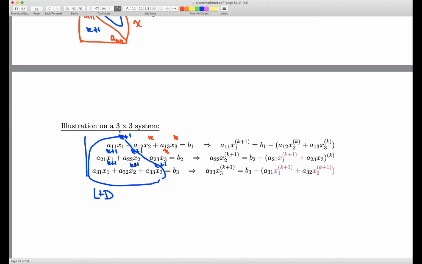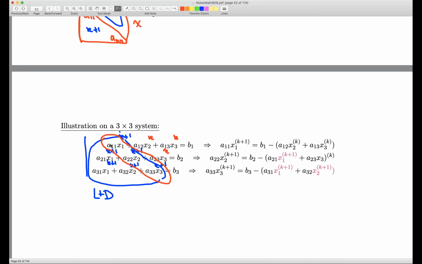Okay, and now what we can decide to do, and you will see why, is to leave only the elements on the main diagonal, the red ones, on the left, and move everything else to the right, but keeping their upper indices.